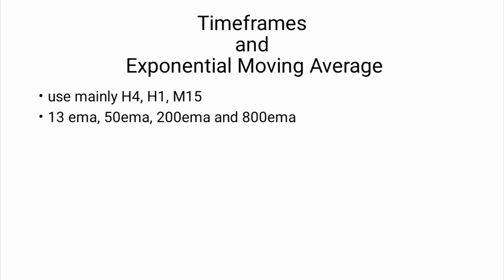Here we advise that you use a 4-hour time frame, a 1-hour time frame, and a 15 minutes time frame. And the exponential moving averages are the 13 EMA, 50 EMA, 200 EMA, and the 800 EMA.